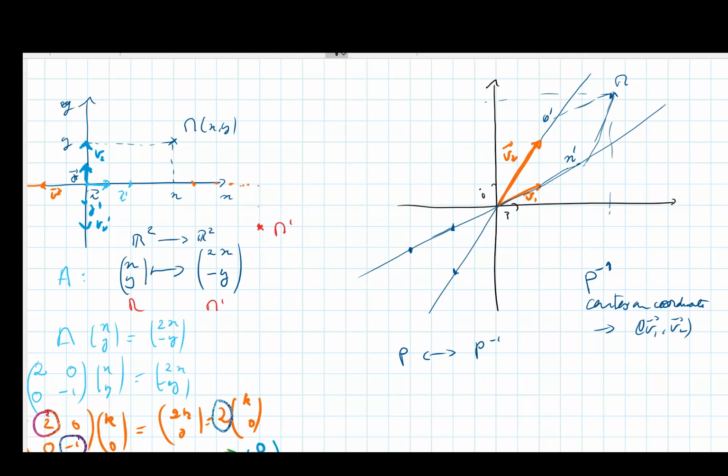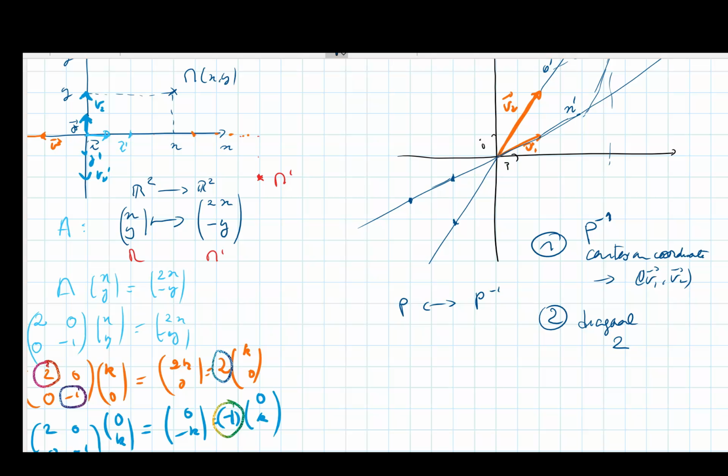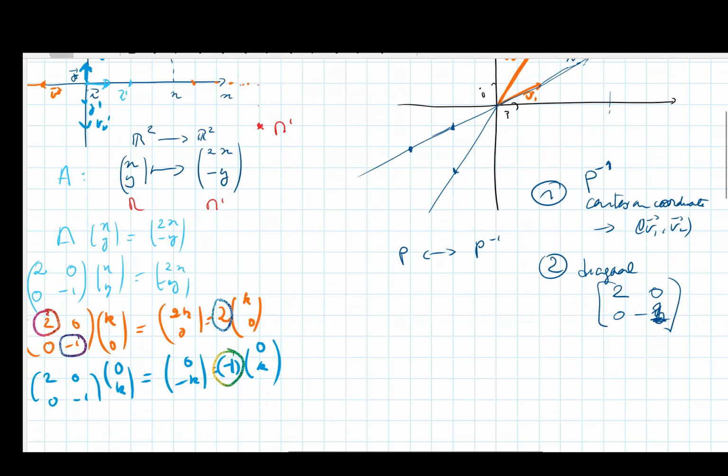Then you would apply your diagonal matrix, which tells you to multiply the first coordinate by 2 and take the opposite of the second coordinate. But then you want to express the result in the Cartesian frame, because this is the most convenient thing to do. And so you apply P to go back to Cartesian coordinates.